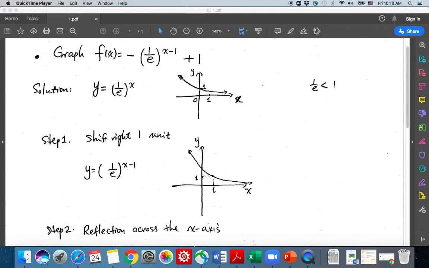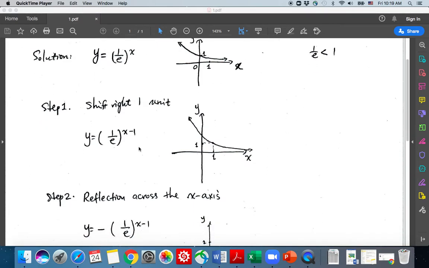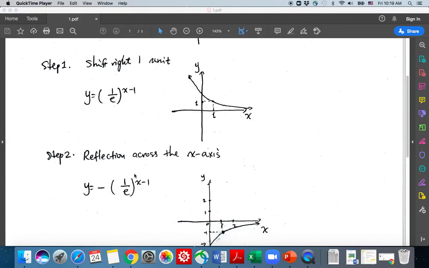And the profile stays the same, and the horizontal asymptote stays the same. So that's going to be what the curve looks like after step 1. So next step, I'm going to reflect the curve we get in step 1 across the x-axis.